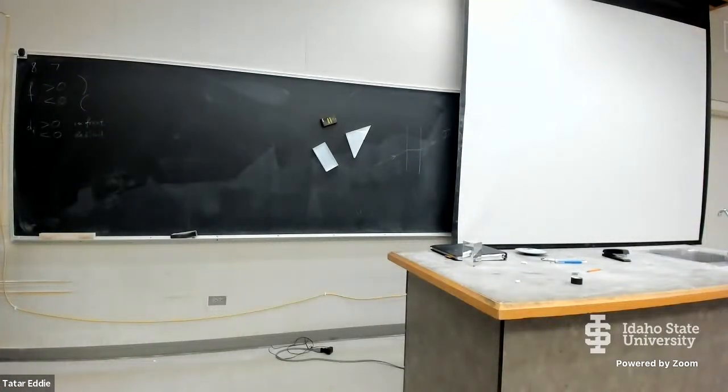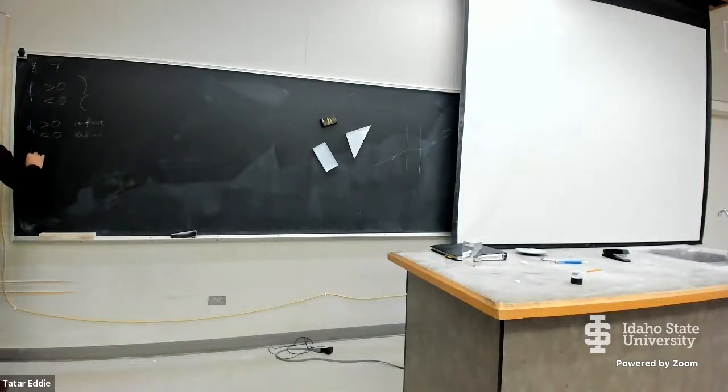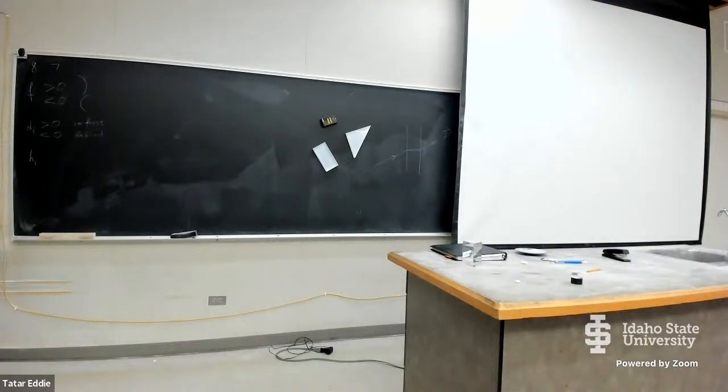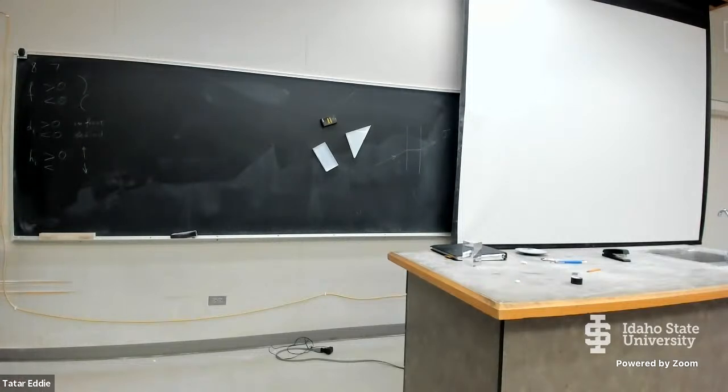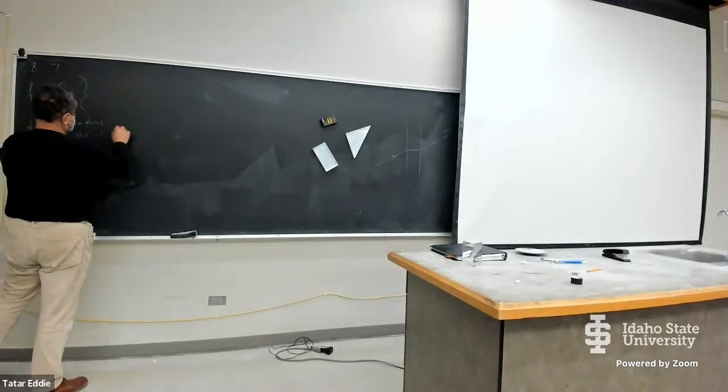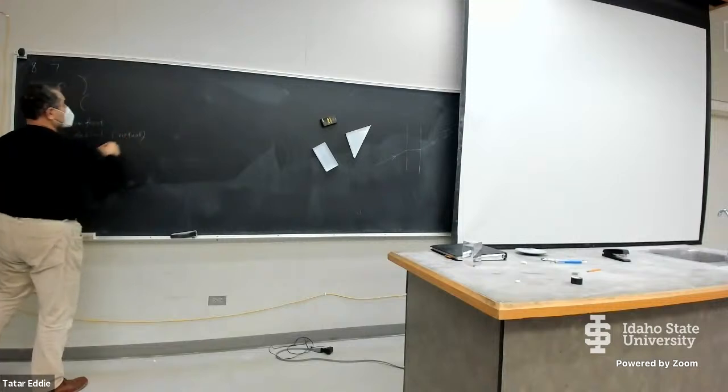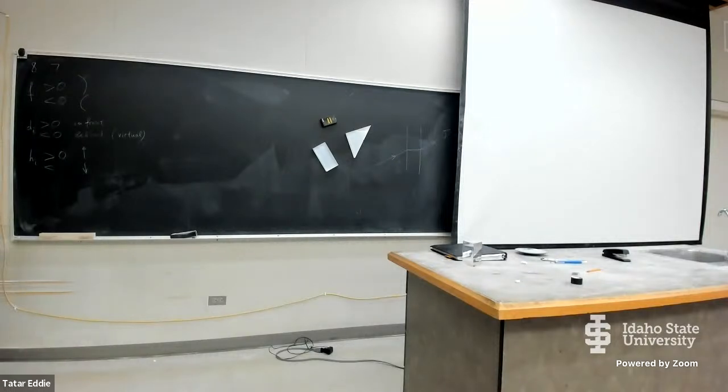The size of the image is a positive number if it is upright, and it is a negative number if it is inverted. When di is negative, in other words, when the image is behind the mirror, it is also virtual, always virtual in that case. And those are the rules of the game.